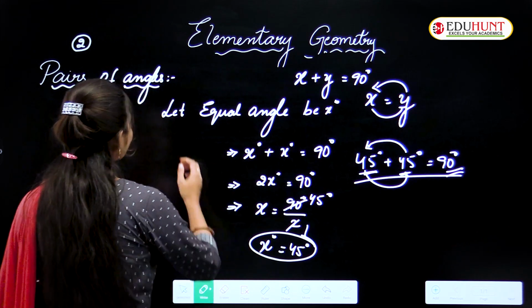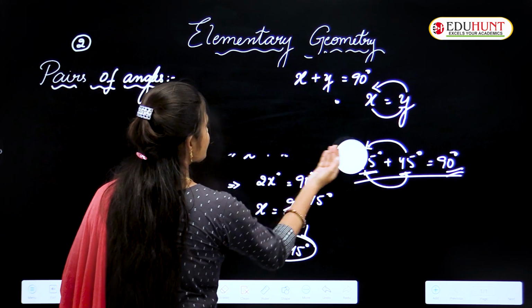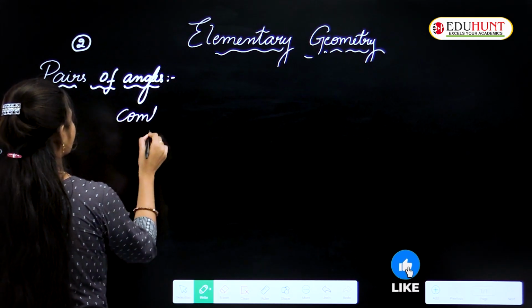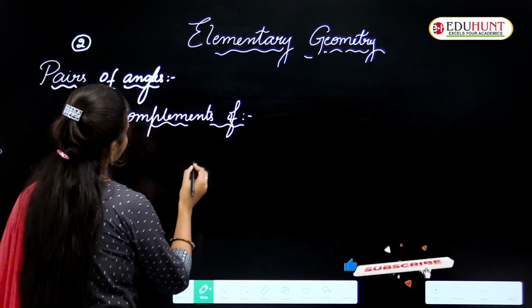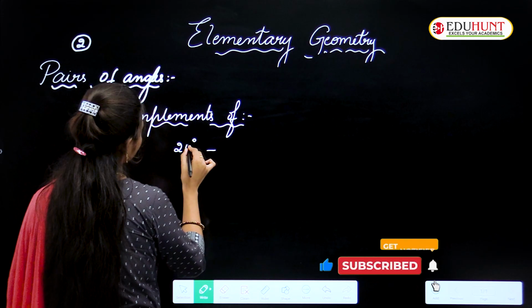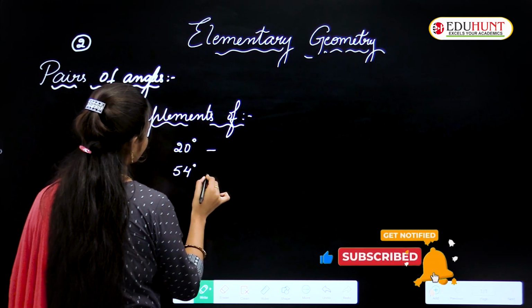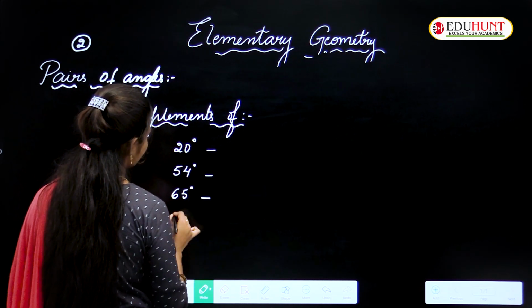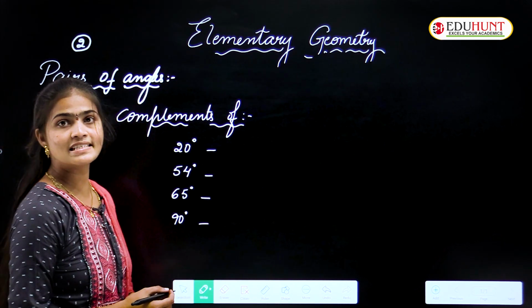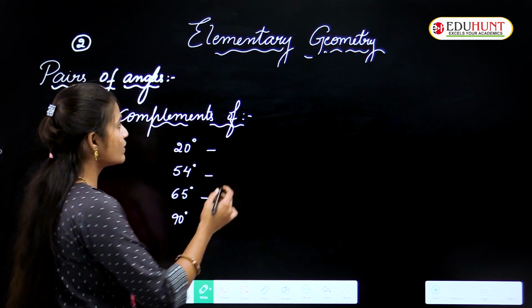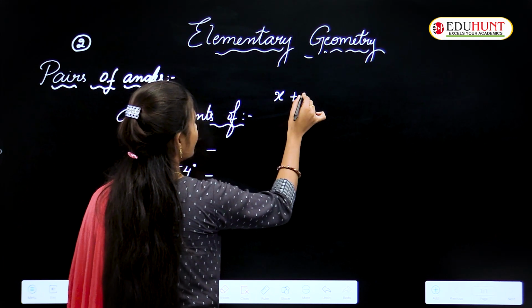Okay, let us see some examples. Complements: we know the relation. What is that relation? x plus y.